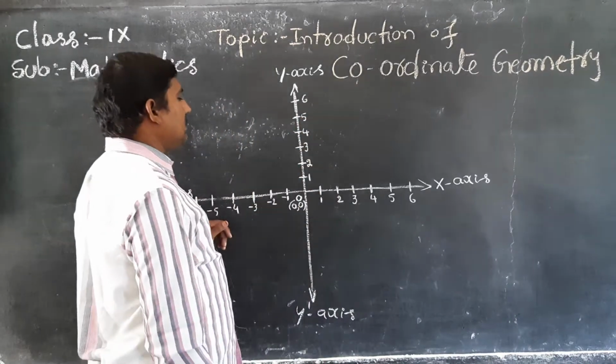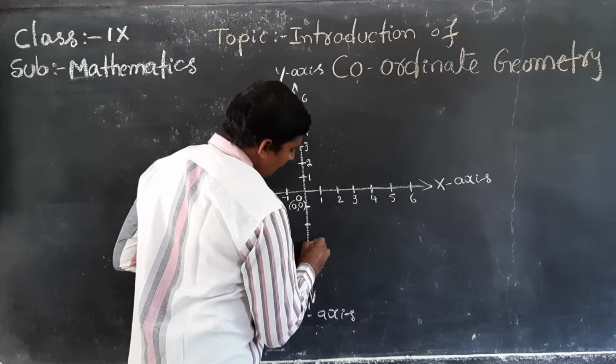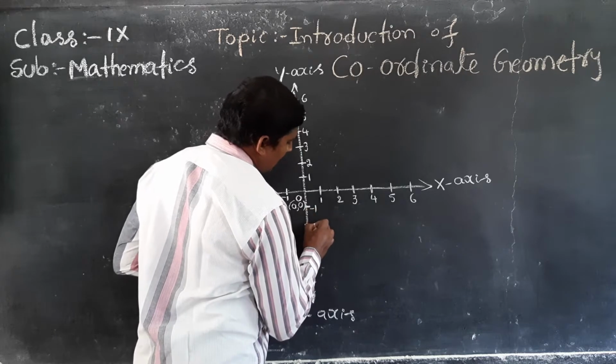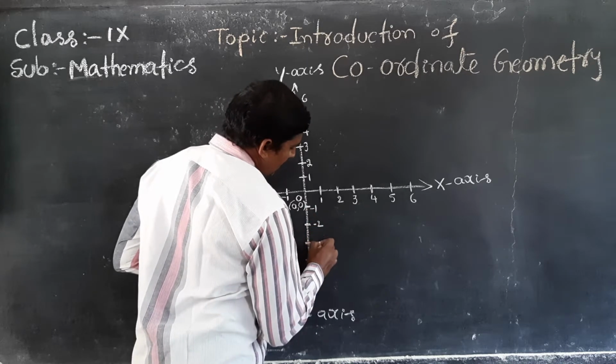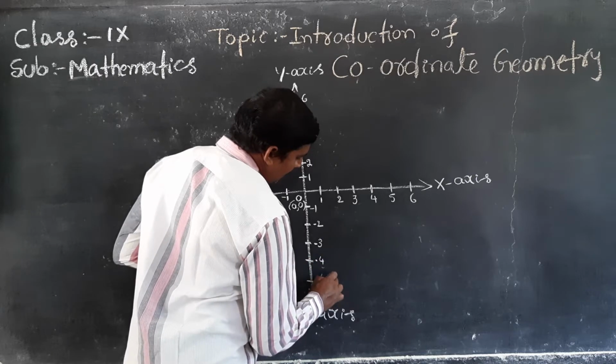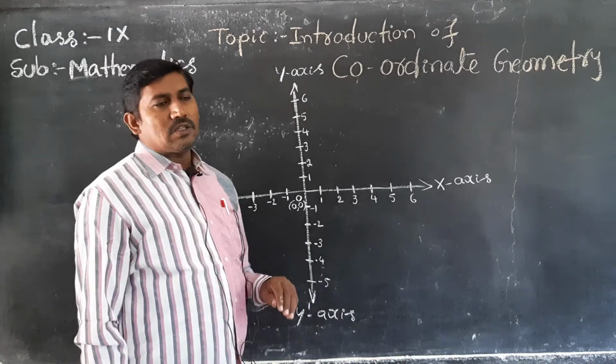Above the sea level, all are positive values: 1, 2, 3, 4, 5, 6. Below the sea level, all are negative values: -1, -2, -3, -4, -5.